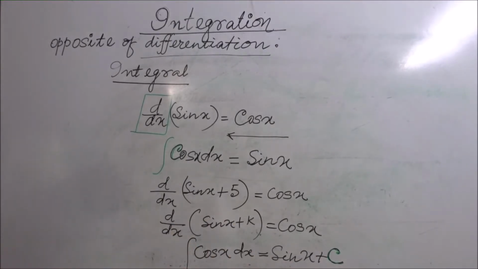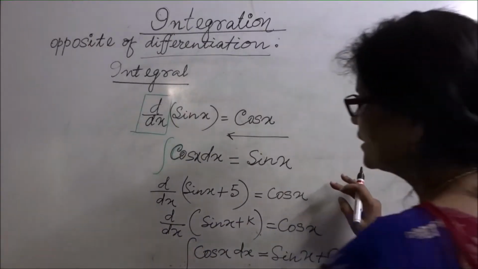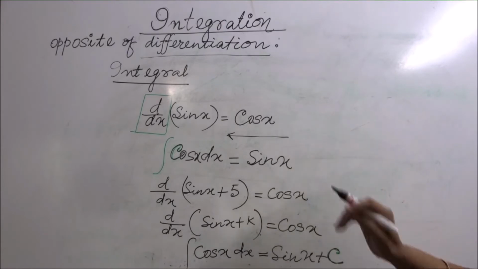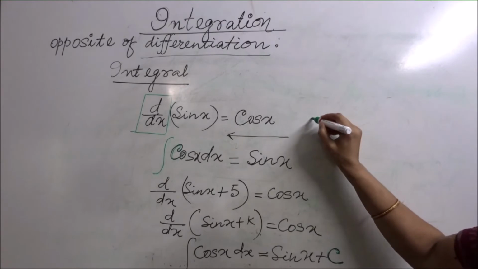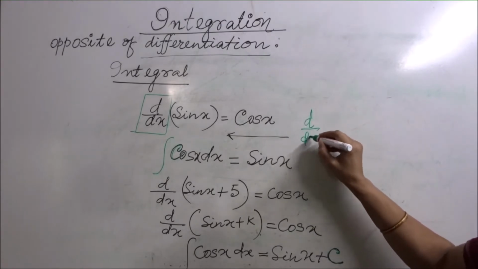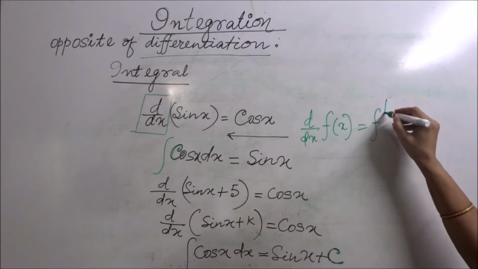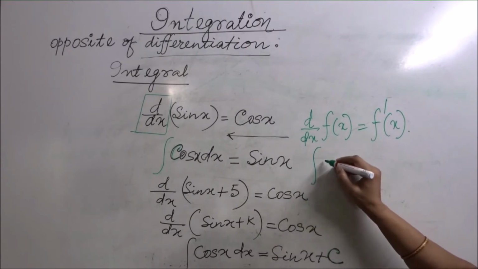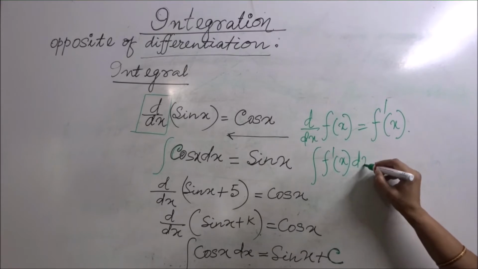So if I want to write it now, what is the general integration? I can write in this way. The derivative of a function is f dash x, but integration of f dash x, the derivative, is equal to what?